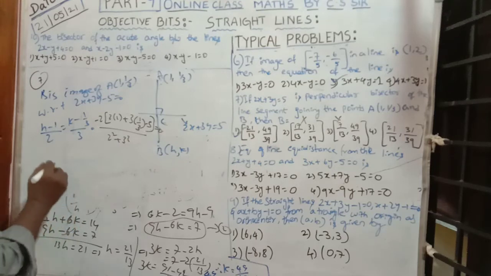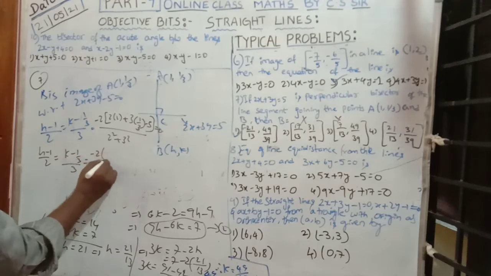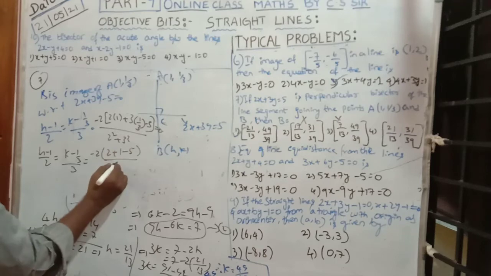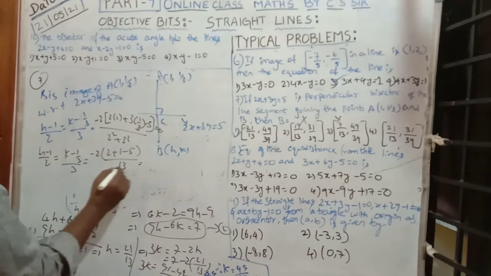The formula is there. So (h minus 1) by 2 is equal to (k minus 1 by 3) by 3, is equal to minus 2 of (2 plus 1 minus 5) by (4 plus 9).